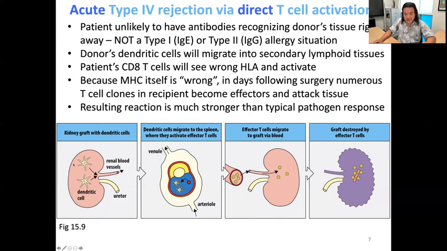And here you have a naive T cell that has a T cell receptor that recognizes this particular peptide, right? But it needs what in order to activate? It needs that second signal that comes from the B7 and CD28, right?